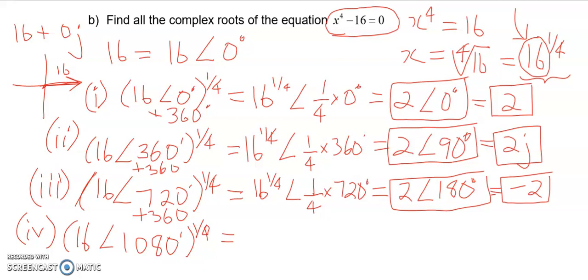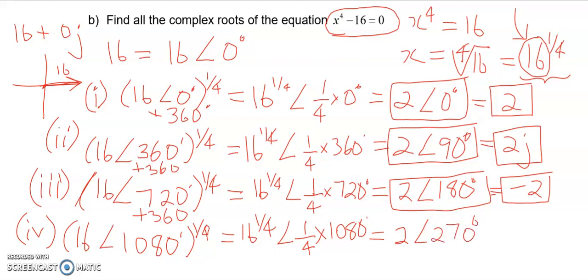So in this case, you're going to get 16 to the 1 over 4, angle symbol, 1 over 4 multiplied by 1080 degrees. And so what you will get is 2 angle symbol, and 1 over 4 times 1080 should be 270 degrees. So there is the fourth root in polar form.